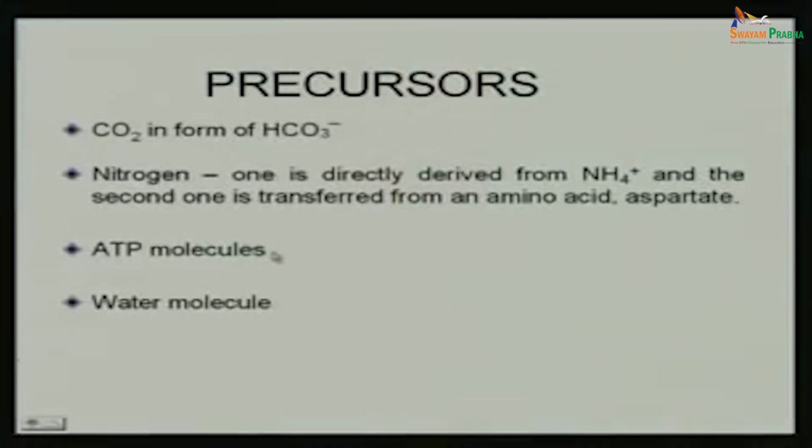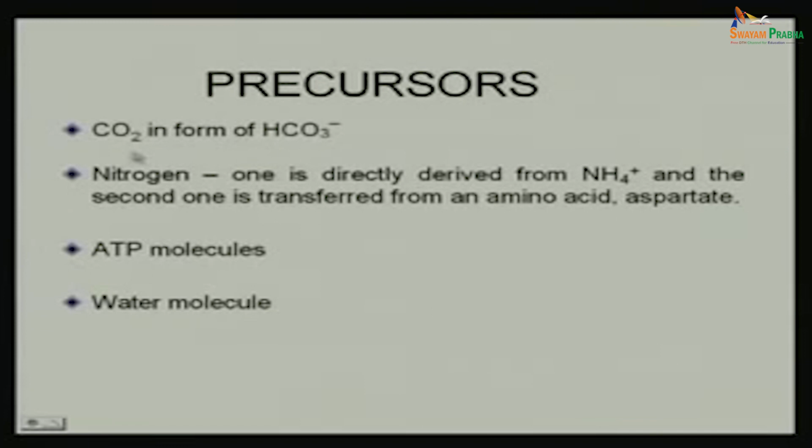In the case of the TCA cycle, I told you that it is an 8-step process, and in each step we have seen that the role of precursors is immense. We cannot ignore it. In this urea cycle also, precursors play a significant role in the 5-step process of the urea cycle.